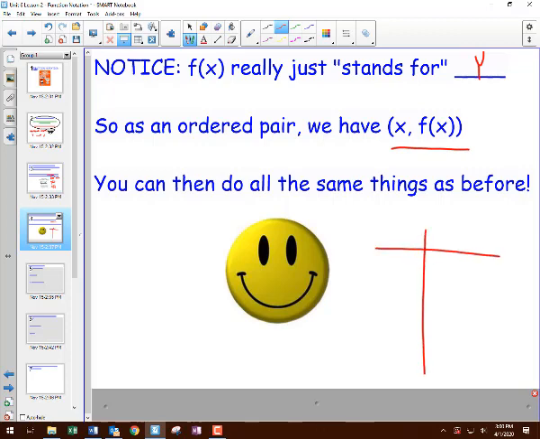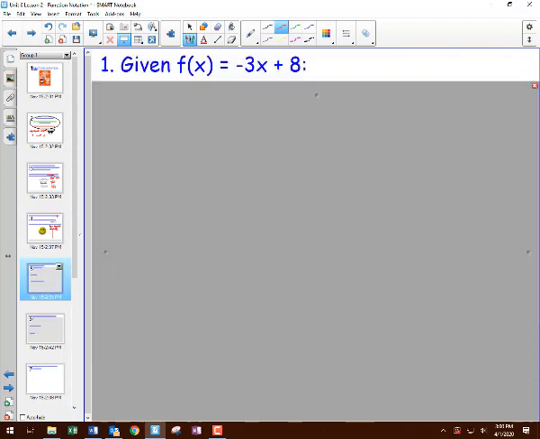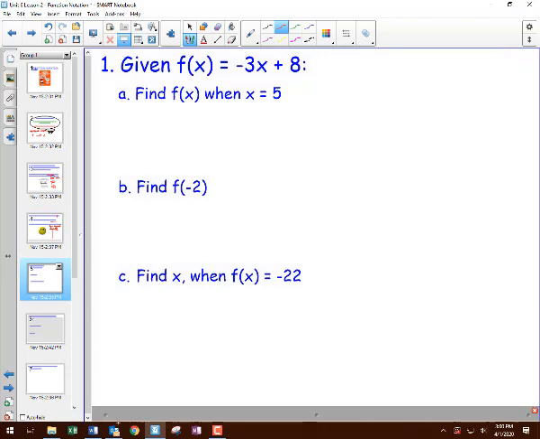So back to the machine analogy, we have this input and we have the output. What we put in is our x, and it still will be. But now our output, which we did call the y, now might be f of x. Keep that in mind as we jump into our examples.